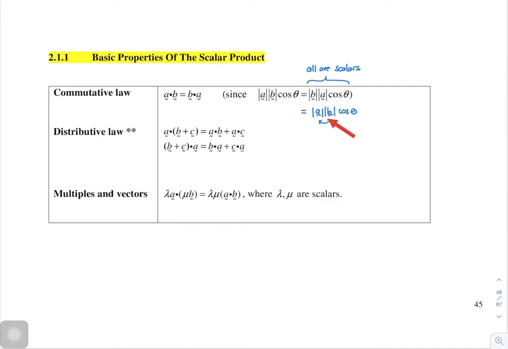When you switch them like this, it gives you the formula for B dot A. So that means the scalar product or dot product is commutative. Consequently, we can also see that it follows the distributive law, and the scalar multiple of vectors applies accordingly as well.